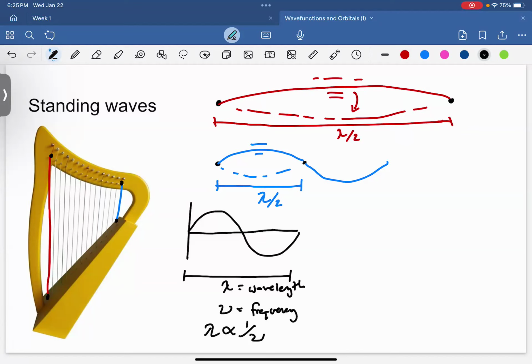That means our red wave has a long lambda and will therefore have a low frequency, whereas the blue wave has a relatively short lambda and will therefore have a high frequency.